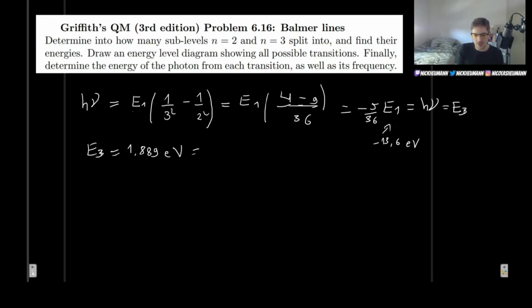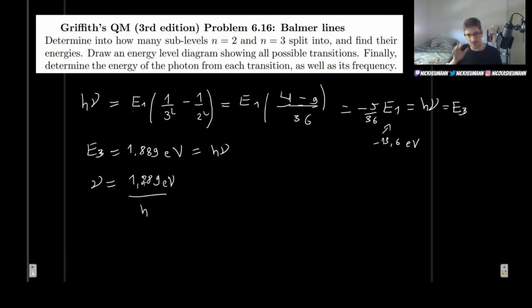And this has to be, of course, equal to h nu. So what is the frequency then? The frequency is going to be this amount, 1.889 electron volts, divided by h. Now, you can do one of several things. You can use h, the Planck's constant, in units of electron volt, or you can transform electron volts to joules and then use h in the regular SI units.